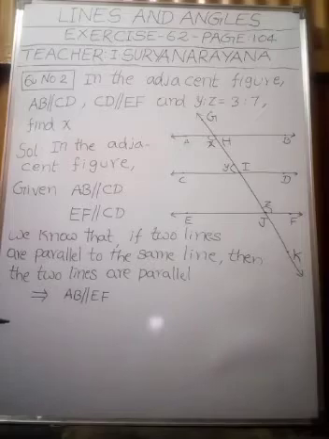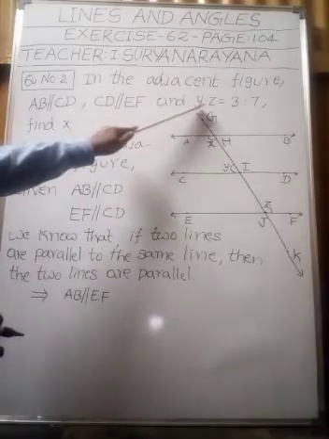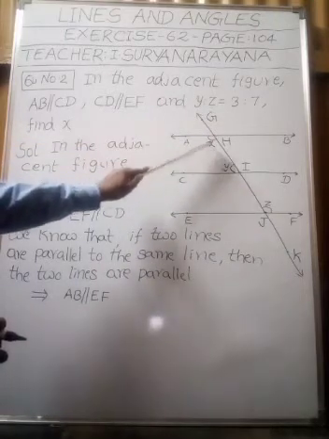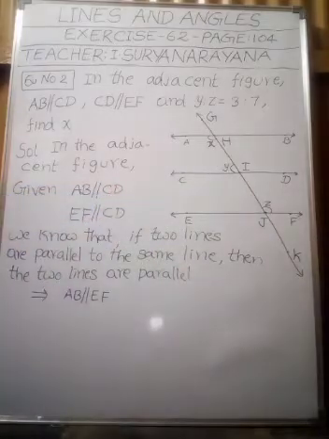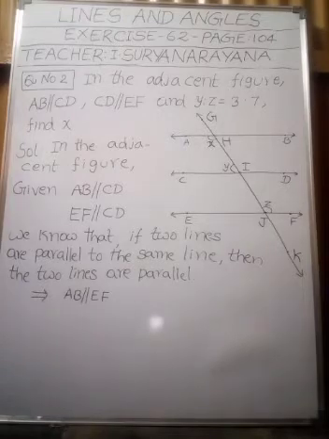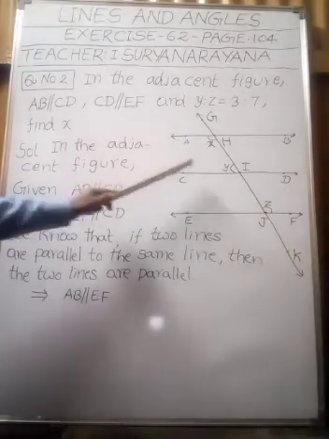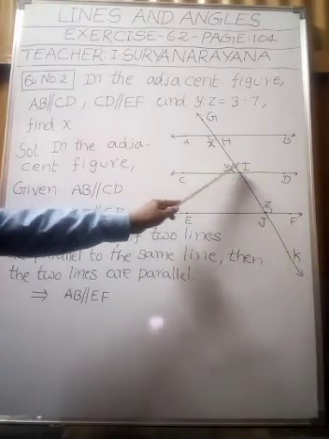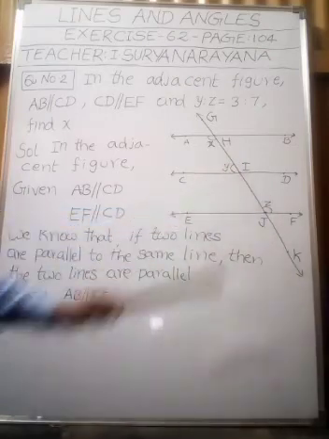Okay, my children. Now come to this part. Here angle x and angle y are interior angles on the same side of the transversal. Okay, my children. Similarly here, these are alternate interior angles, isn't it, my children?